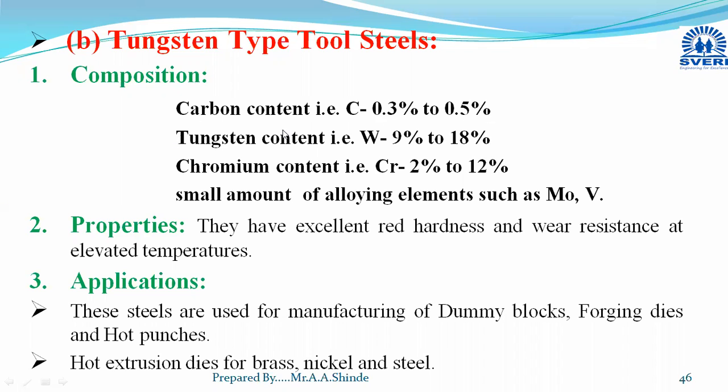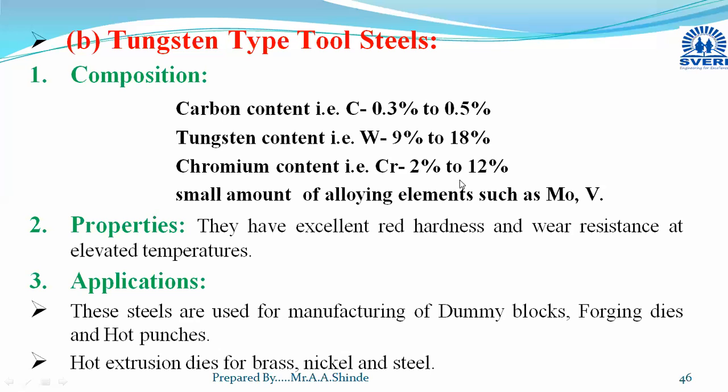The tungsten quantity will be in the range 9% to 18%, and in addition to this, chromium will be there, and its percentage will be from 2 to 12%, and a very small amount of molybdenum and vanadium may be there. The principal alloying element is tungsten. Chromium is also there, and its range will be 2 to 12%.